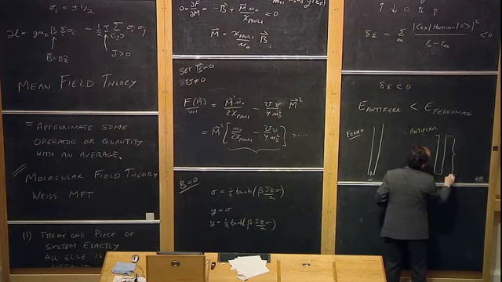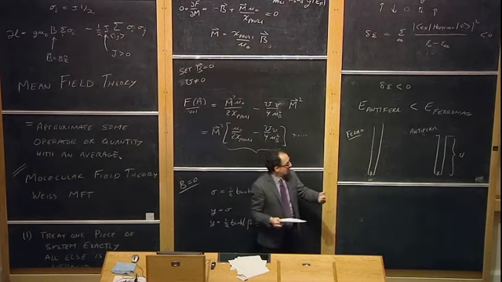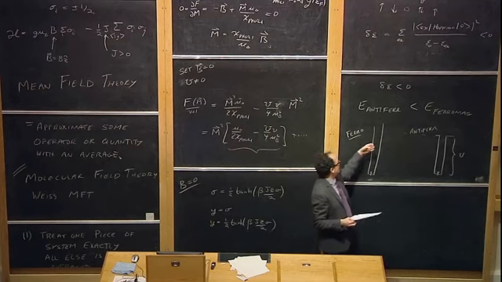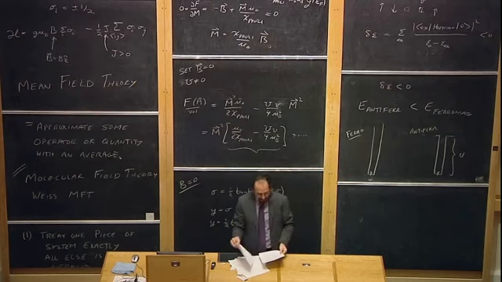So the height of the well is only U. It can hop to the neighboring sites. It costs an energy U, but it can do it. It's not forbidden by Pauli. And the energy of the antiferromagnet with a finite barrier is lower than the energy of the ferromagnet with the infinite barrier. So the antiferromagnet is favored.